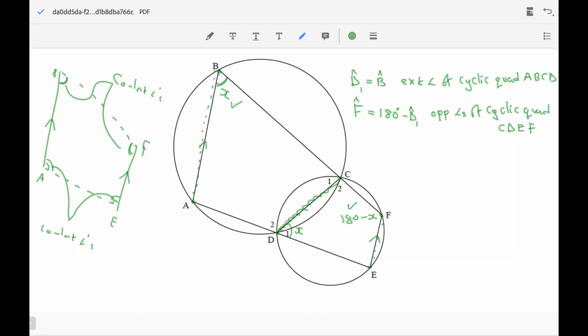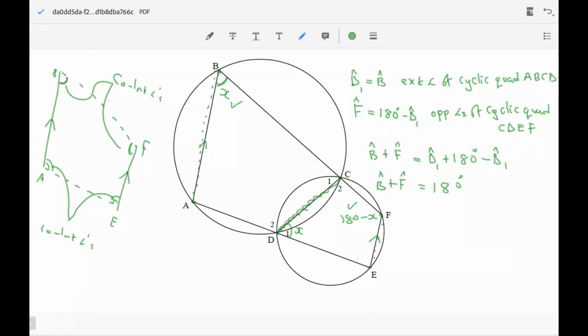Then from here, our angle B plus angle F, what do we get? Angle B, remember, equals angle D1, plus F, which is 180 degrees minus D1. And algebraically, this leaves us with 180 degrees.